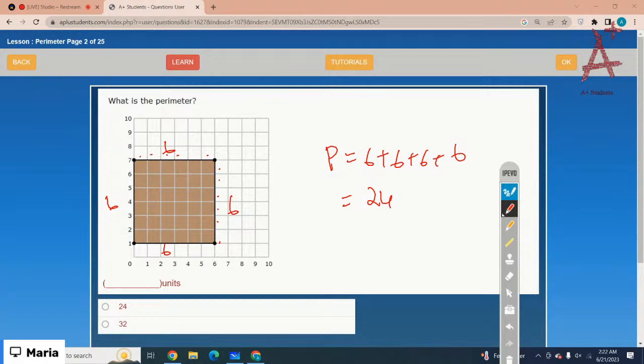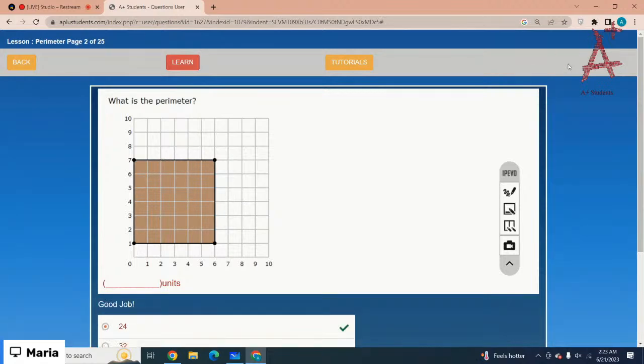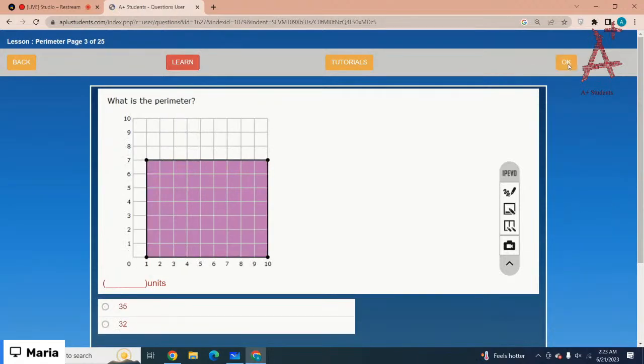So it would be 24. So which is the correct option?